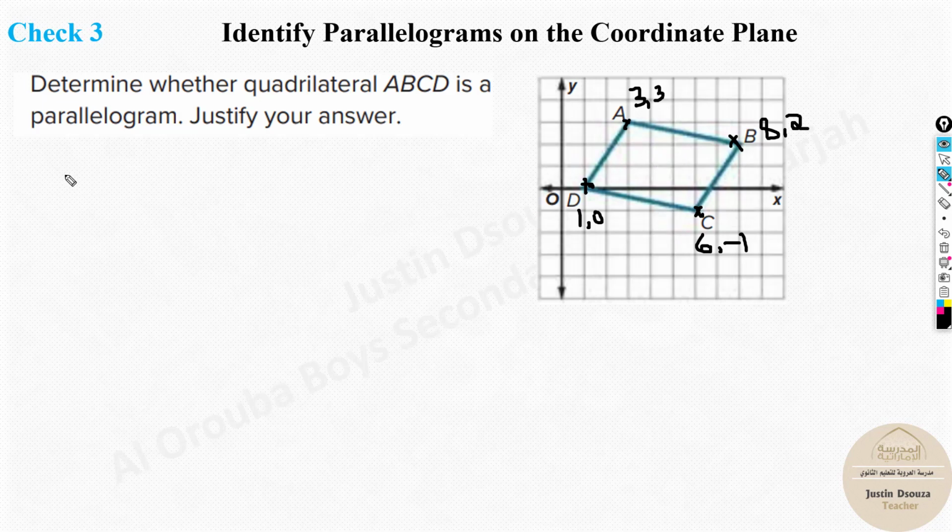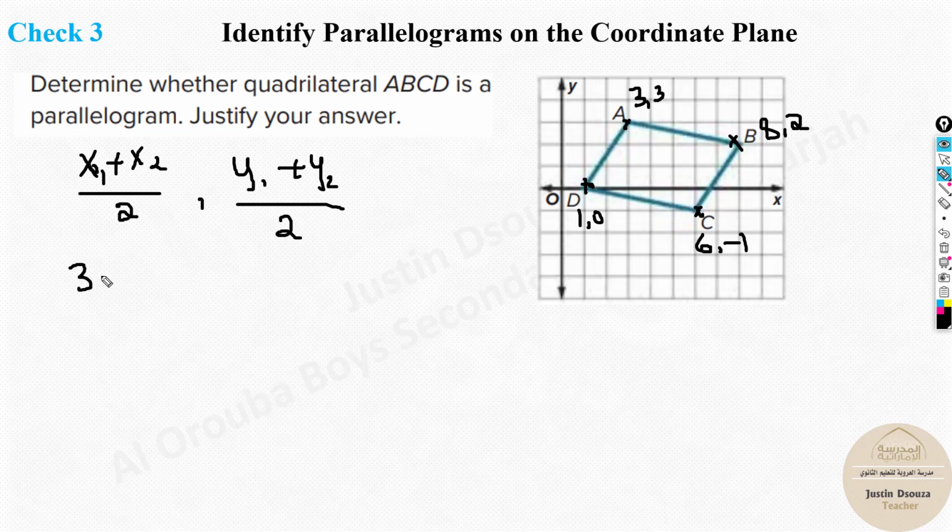Now let's do midpoint. x1 plus x2 by 2 and y1 plus y2 by 2. Okay, here what happens? First let me do A and C. 3 plus 6 divided by 2 comma 3 minus 1 divided by 2.